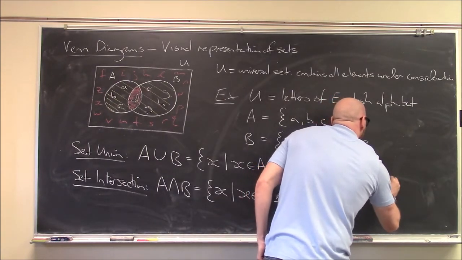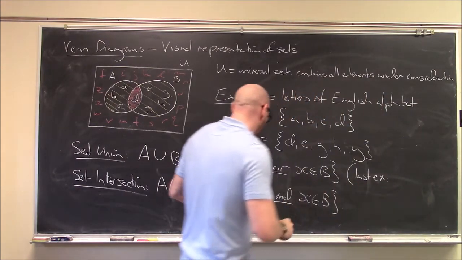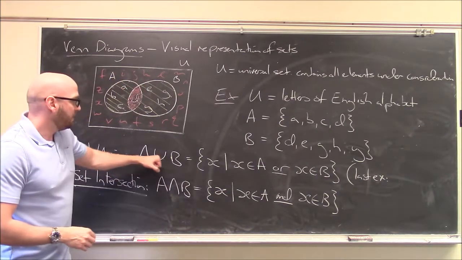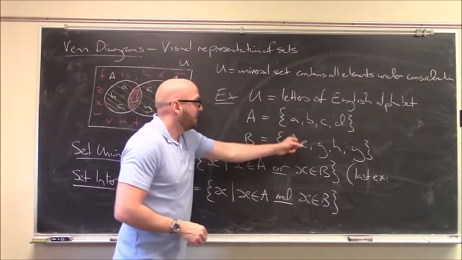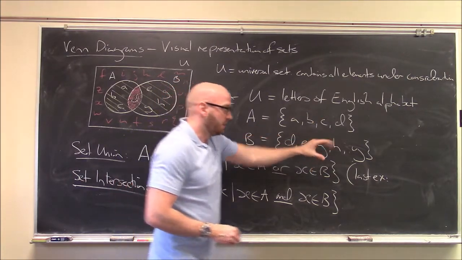In the last example, let's just list these really quickly. The union of A and B, everything in A or in B, would just be all of these elements together in a single set.